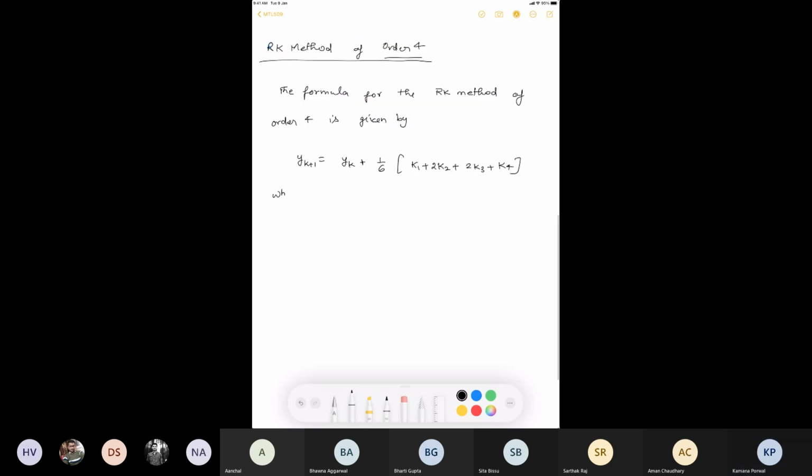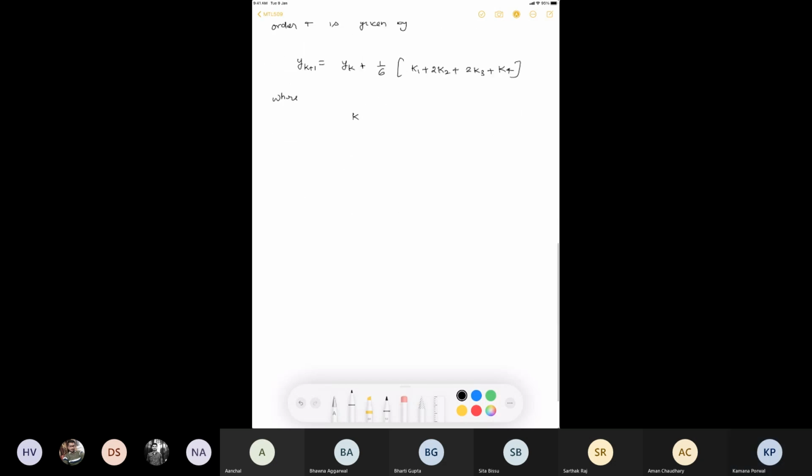Now these k_i's are defined as: k1 is h times f evaluated at x_k, y_k; k2 is h times f evaluated at x_k plus h by 2, y_k plus k1 by 2.